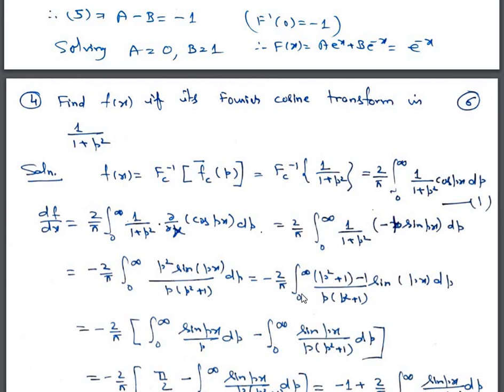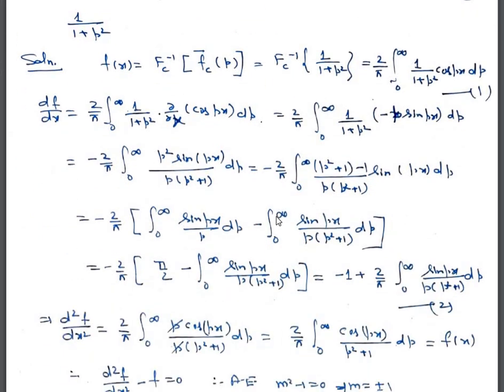Now add 1 and subtract 1, so we get p square plus 1 minus 1. Now break into two parts: minus 2 upon pi integral 0 to infinity sine px upon p dp minus integral 0 to infinity sine px upon p into p square plus 1 dp.